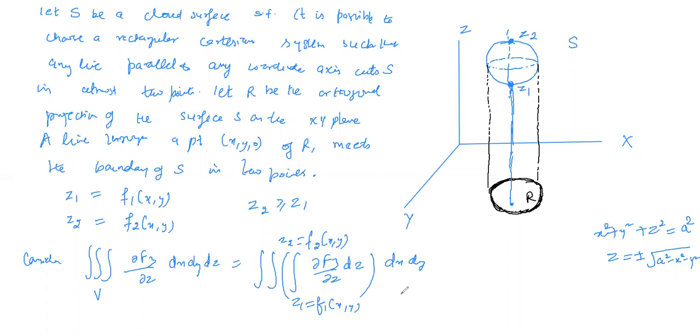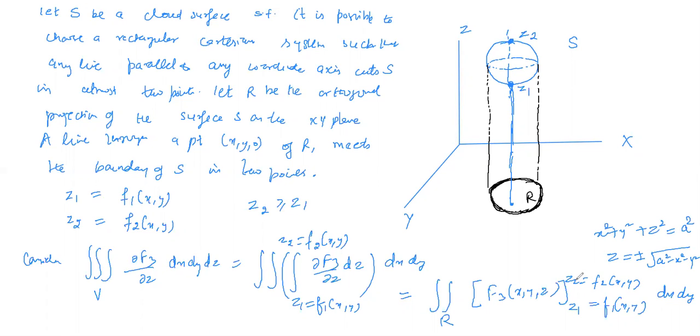So after integrating, we get the double integral region R of f3(x,y,z), it is a function of x, y, z, and the limits are from z1, that is f1(x,y), to z2, that is f2(x,y), dx dy.